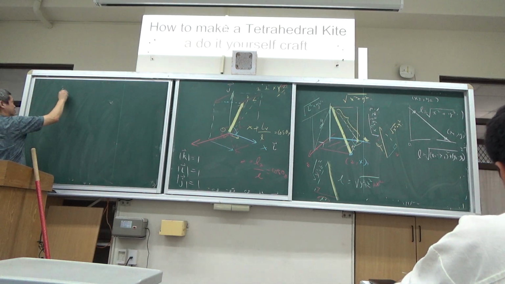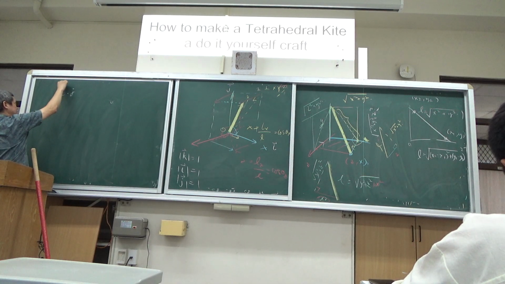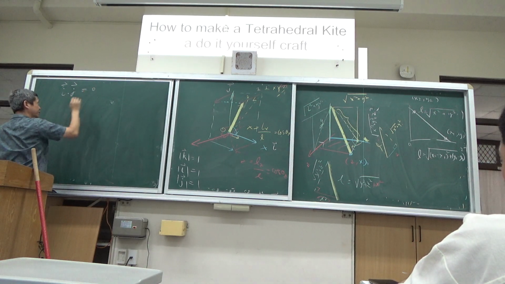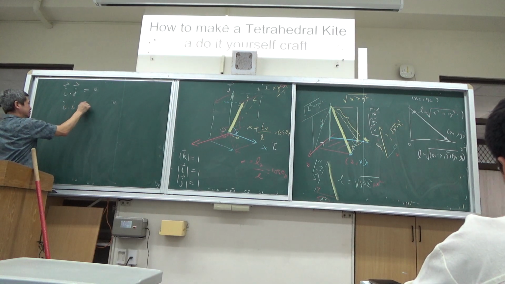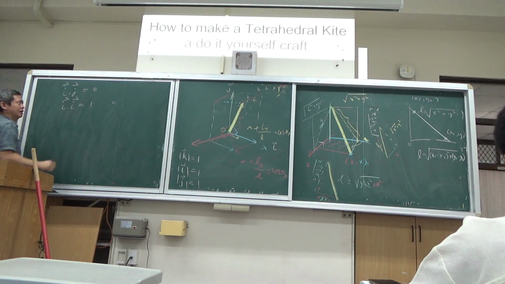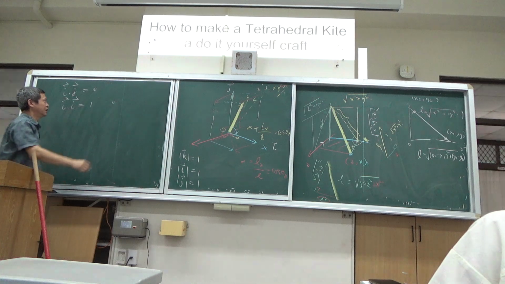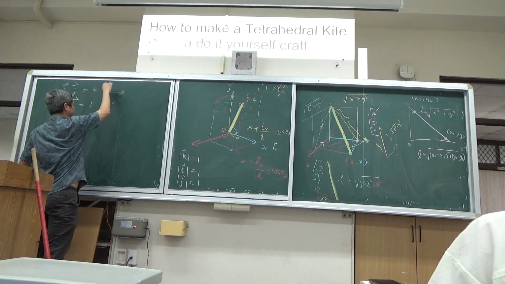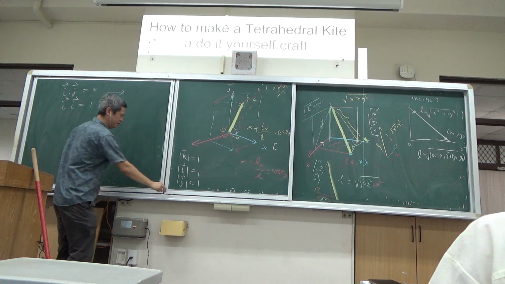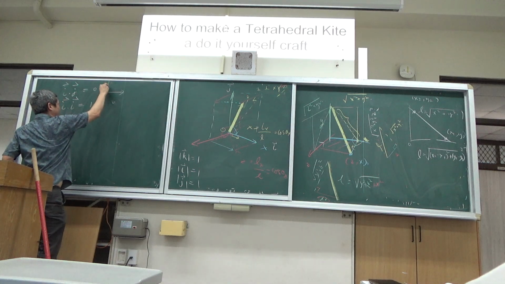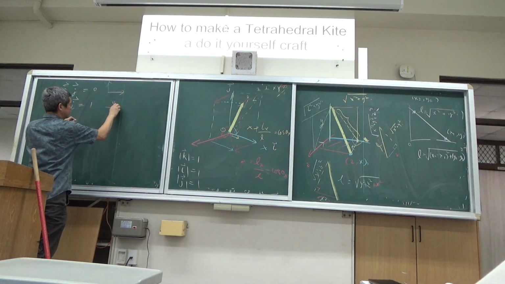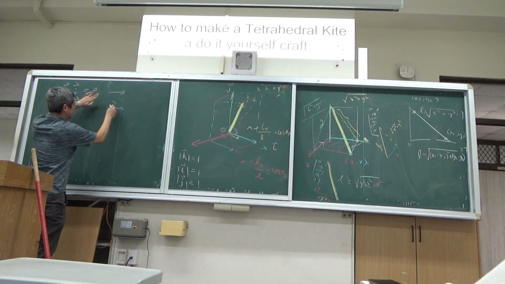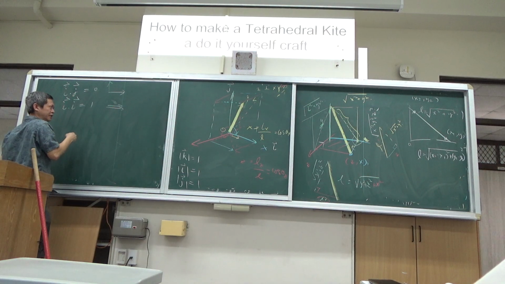i dot j is equal to 0. i dot k is also 0 if they are perpendicular. Viewed from the vector plot, I think this is very clear cut. Then what are they?